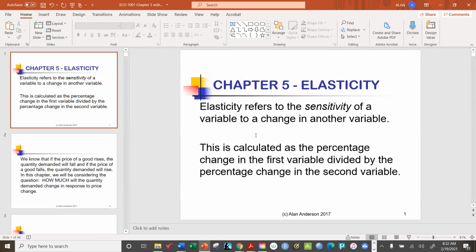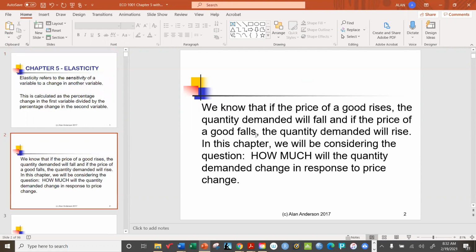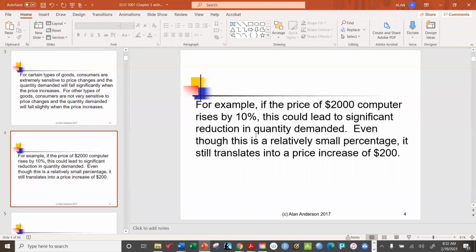So if you recall, we were talking about this example where a computer company, let's say it's Apple, raises their prices by 10%. And as a result, there's a significant drop off in the quantity demanded. And that's because, of course, that 10% increase in price represents $200, which is quite a bit of money. And so a lot of people will think twice about buying that new computer, even though the price only went up 10%.